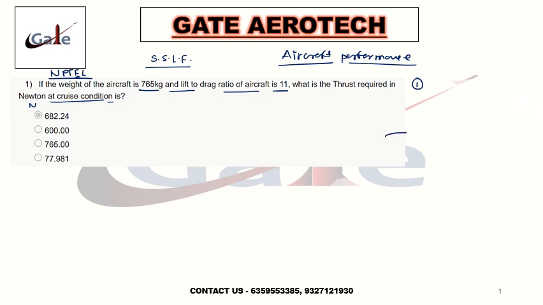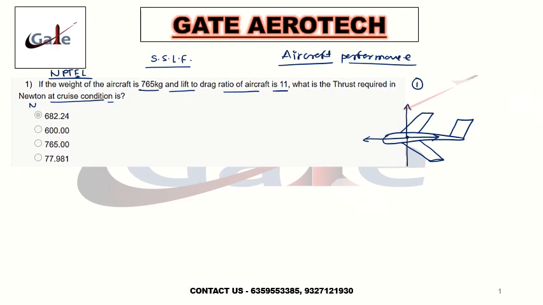Okay, let me draw the aircraft first. Pardon me for my diagram. Now see what the cruise condition is. Let's say this is your aerodynamic center.